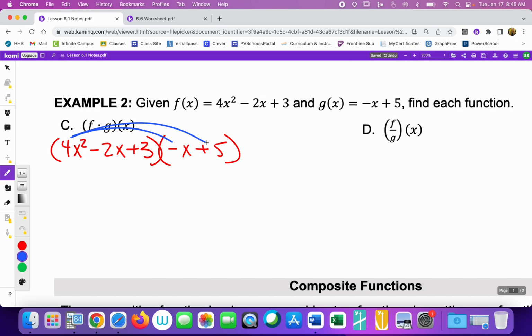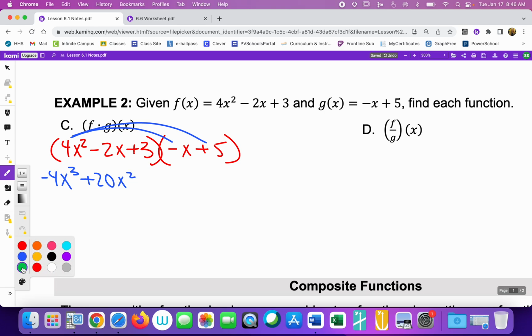So first you will distribute the 4x squared to both. What will that give us? You have negative 4x cubed and 20x squared.